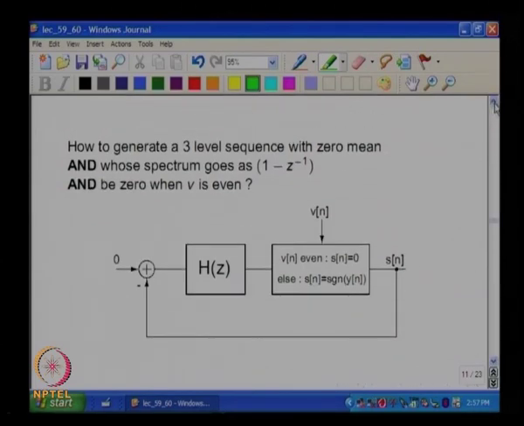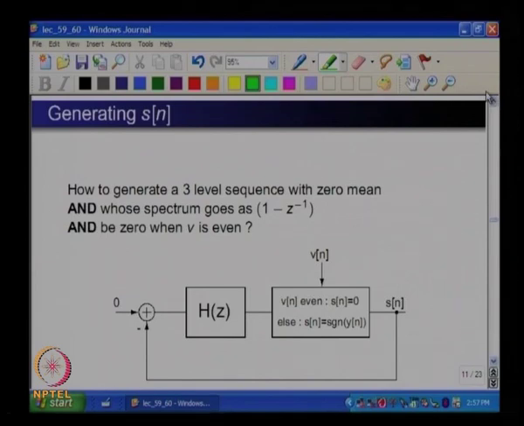So, let us assume that I am trying to generate S, and for argument's sake I am just going to say S is a 3 level sequence which either takes values 1, -1 or 0.